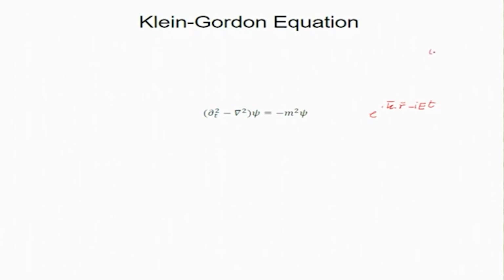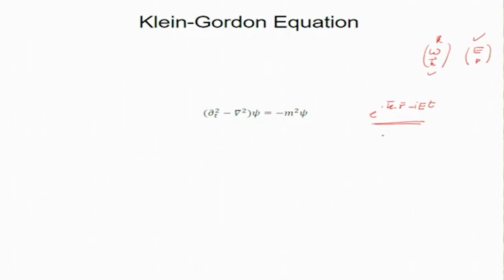So, omega and the k vector form a 4-vector, a relativistic 4-vector, and here energy and momentum also form a 4-vector. Classically this is what we do, but in quantum mechanics we bring in this and we can deal with particles. Now, we write down waves like this.